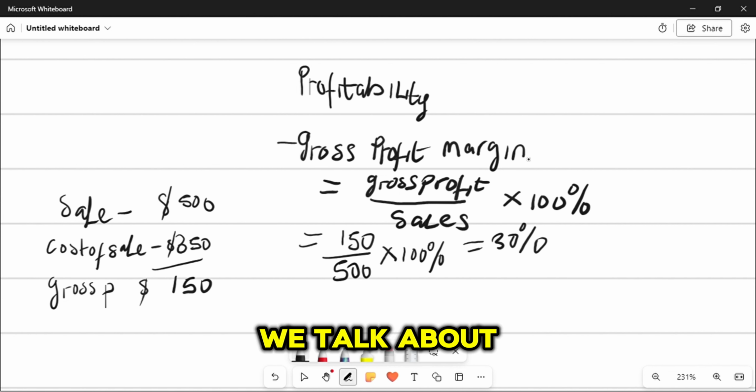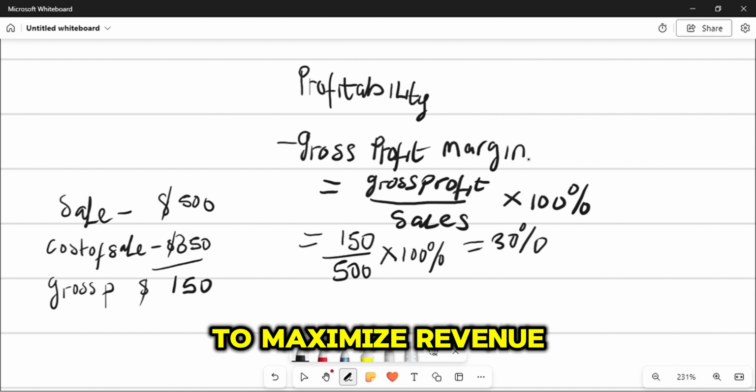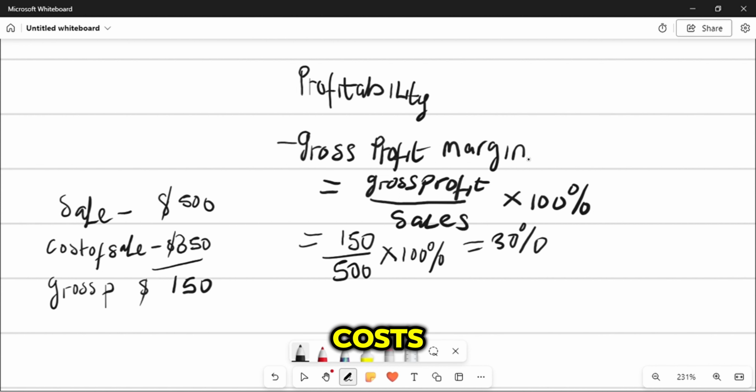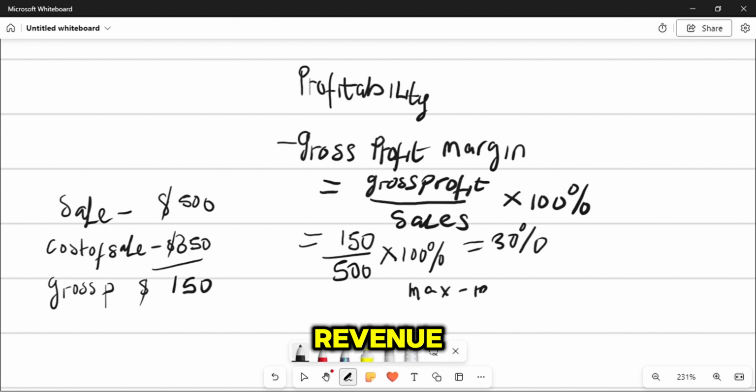Now gross profit is made up of, like I said, sales minus cost of sales. The percentage of gross profit margin is mainly based on the ability of the company to maximize revenue and to minimize costs. So when we talk about profitability, it's mainly based on the ability of the company to maximize revenue and minimize costs, right?